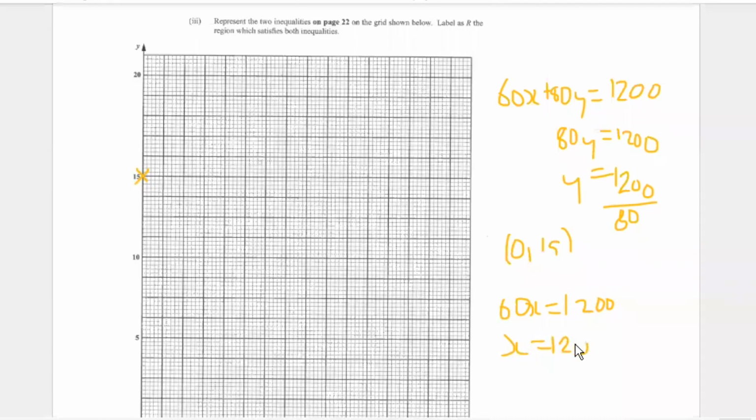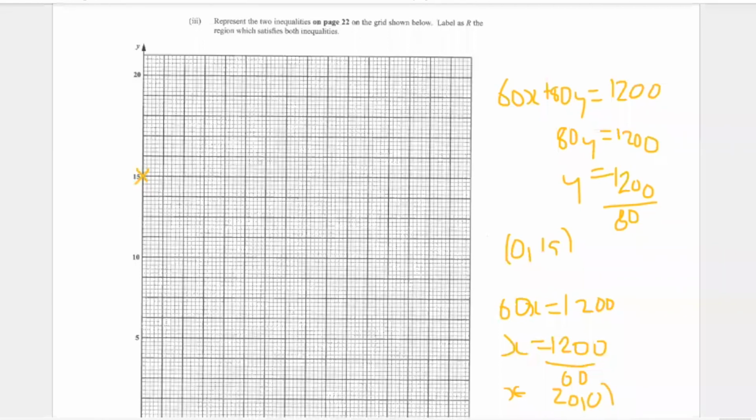What would that be? $20. So therefore, what we're saying then is when x is 20, y is 0.